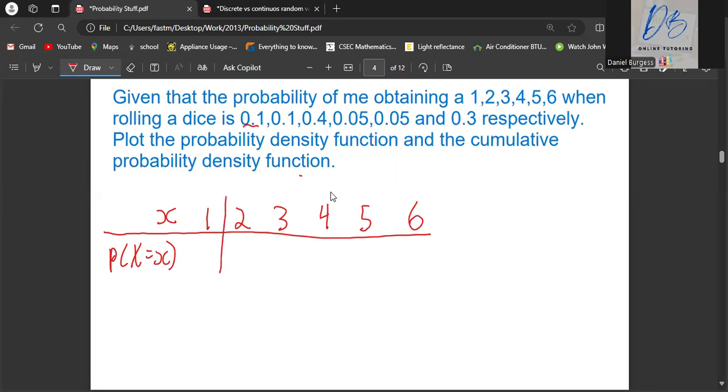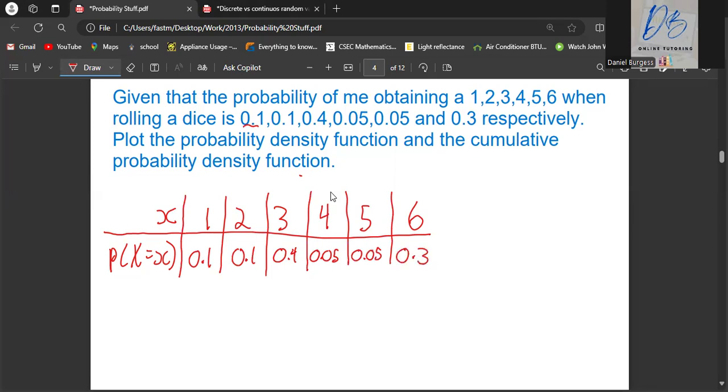And they also gave us the probability of each occurrence happening. So 1 was 0.1, 2 was 0.1, 3 was 0.4, 4 was 0.05, 5 was 0.05, and 6 was 0.3. So we have a table that we can use.